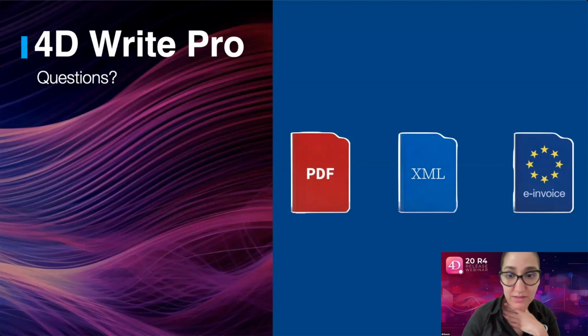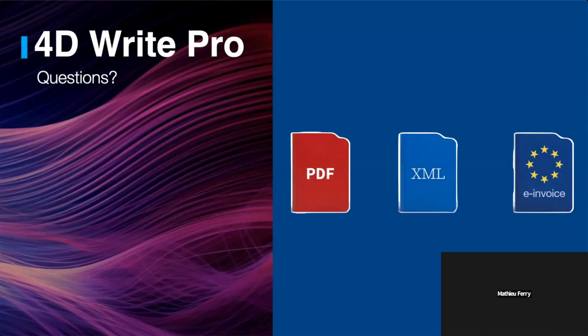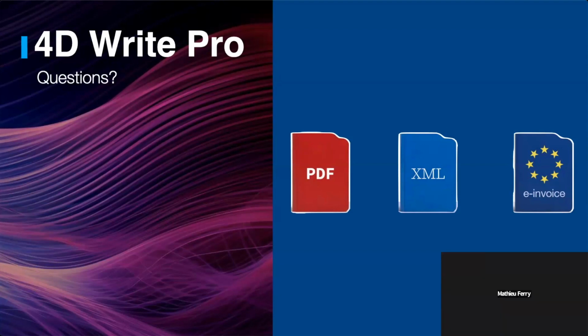We have Pat asking if that's all for Write Pro. I guess we have another feature in R4, which is the export to PDF with attachments, right, Roland? Yeah, for the R4, we have two features for Write. It's a small feature, but yeah. No, you want electronic invoices, it's already a big topic. You will see with R5 that there are other features.